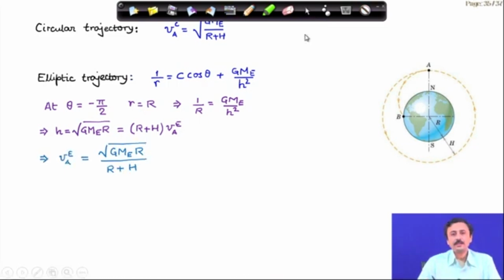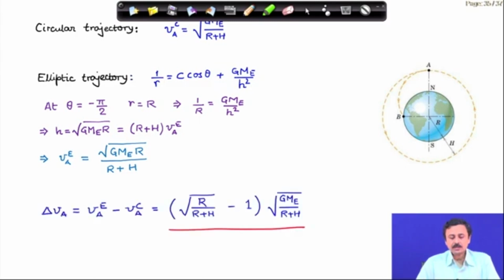And from here the velocity on the elliptic path at A should be this quantity, under root GM E r by r plus h, where H is the height of the satellite from the surface of the earth, capital H. Therefore, in this case it is a reduction in speed.